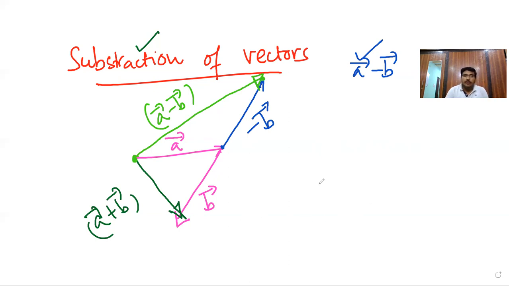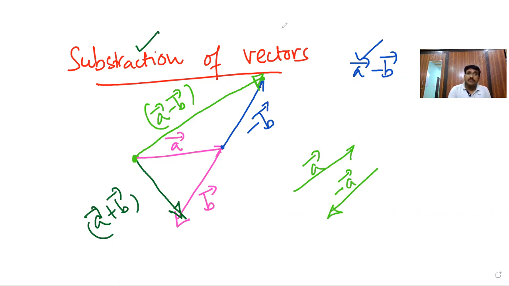Thus, suppose a vector is A bar, and if I want to change its direction, then it becomes minus A bar. Though the magnitude is the same, the direction is opposite, hence I have chosen a negative sign. Clear? Observe.